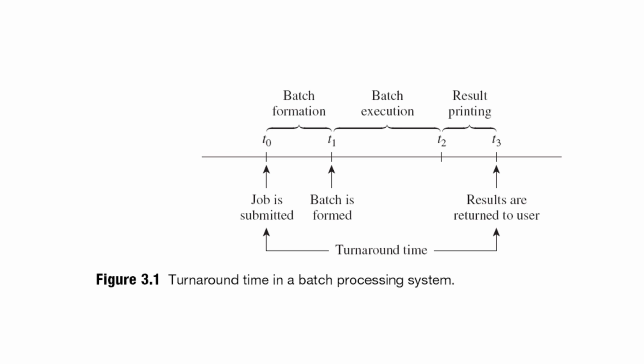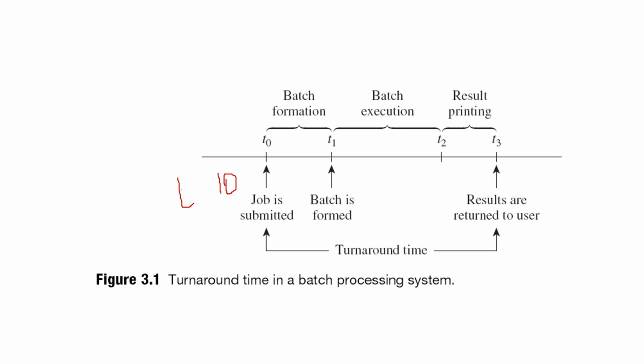The turnaround time is simply the time taken between the request being submitted and the results being available to the user. For example, this job is submitted at time t equal to 10.